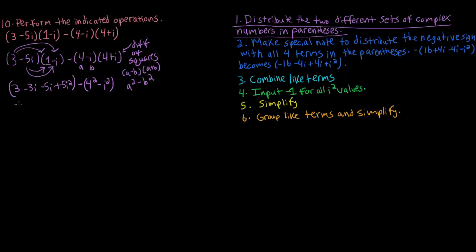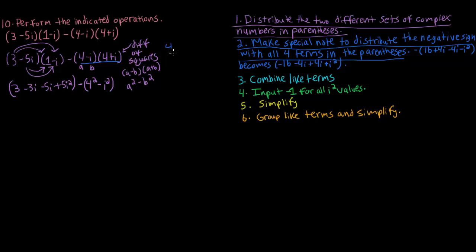Okay, now for step 2, it says to make special note to distribute the negative sign with all 4 terms in the parentheses. Now, there was 4 terms in the parentheses because when I did this right here, I did it the long way.